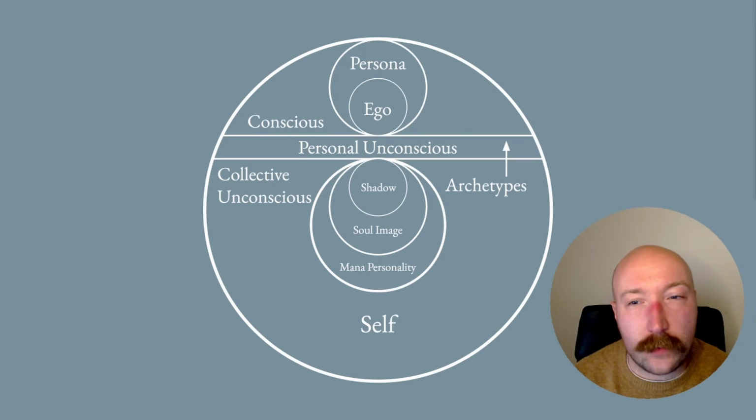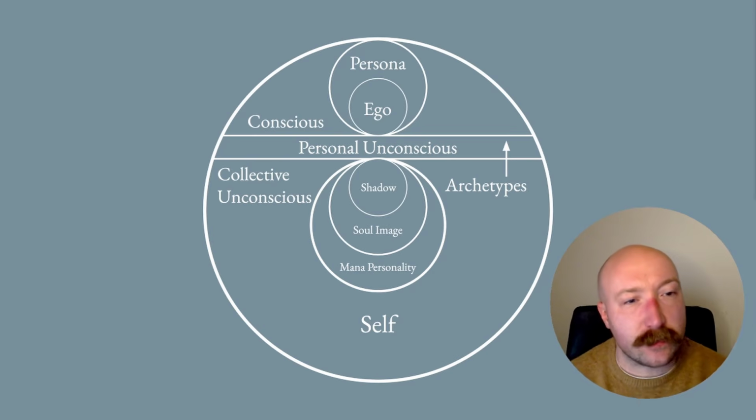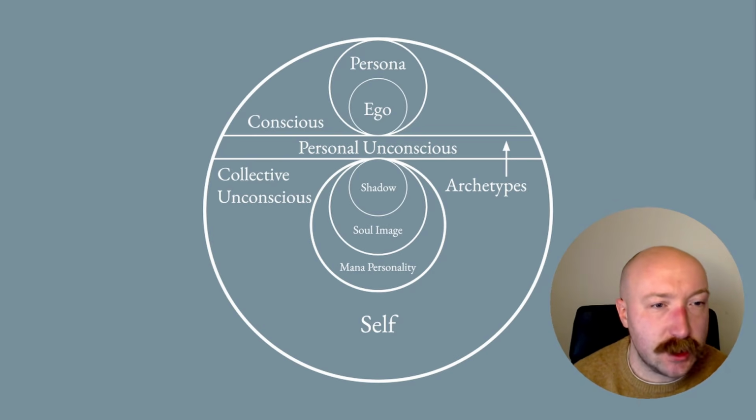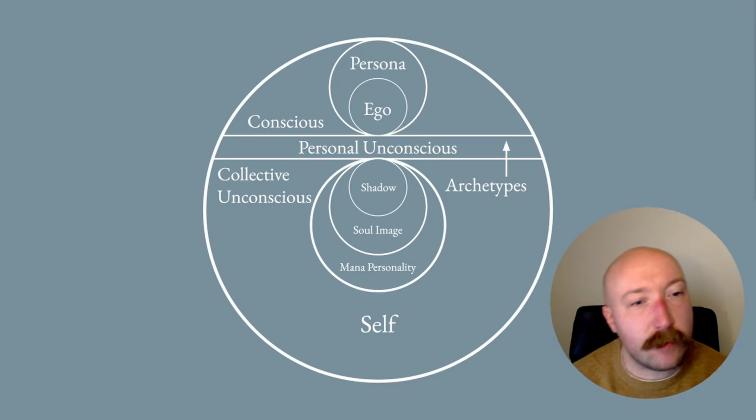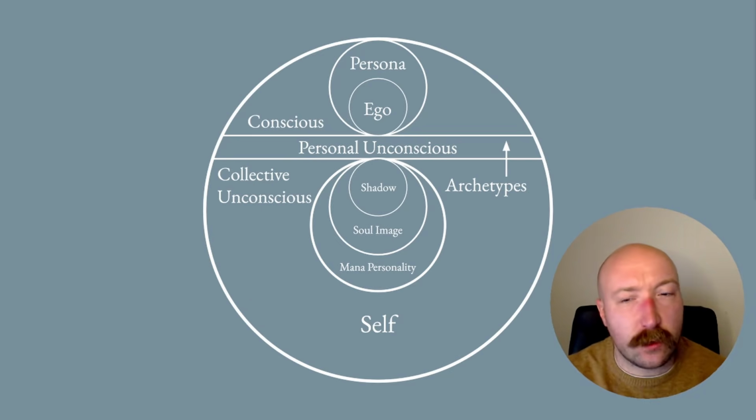Okay. Now, we will get to the other ones, but you will notice something that isn't as often mentioned in Jung. You don't hear about it as often, which is, if you look just below the personal unconscious in this image, not the shadow, not the soul image, but beneath that, the mana or the mana personality. Now, this does have a relationship to archetypal imagery. The mana personality is a personified archetypal image of a supernatural force.